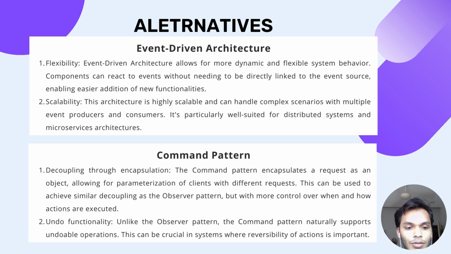So this can be used to achieve similar decoupling as the observer pattern, but with more control over how actions are executed. And finally, because it can undo functionality, unlike the observer pattern, the command pattern naturally supports undoable operations. This can be crucial in systems where reversibility of an action is important.